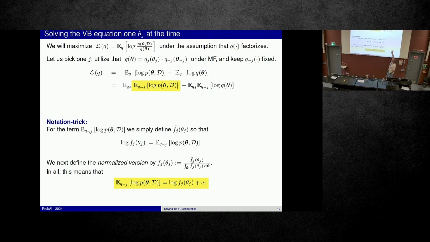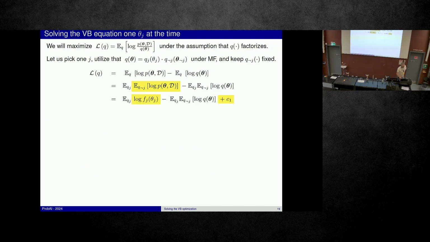Why not? So this is now my function, and the relationship between this and that is that the log of this f is that thing plus a constant. So I'm going to replace this one by that thing. And that's what happened here.